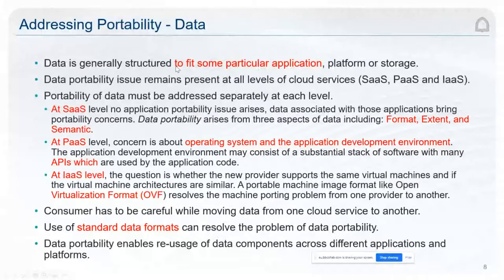What about the data? If we talk about public service providers like Dropbox and OneDrive, and we move to the higher levels of services in the cloud, we can say the application level.